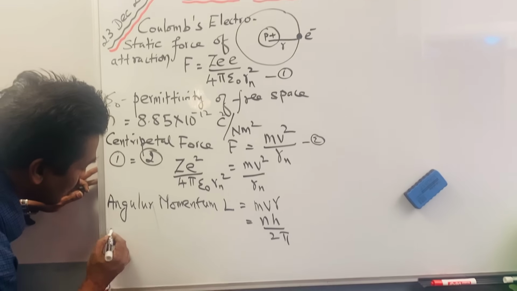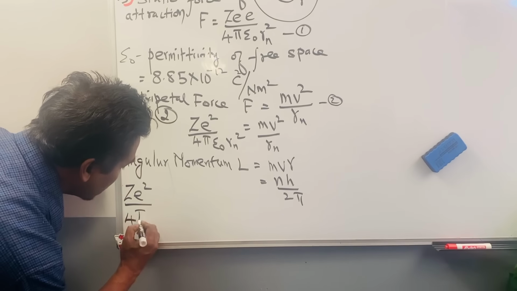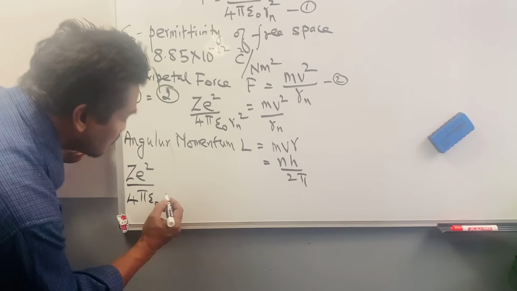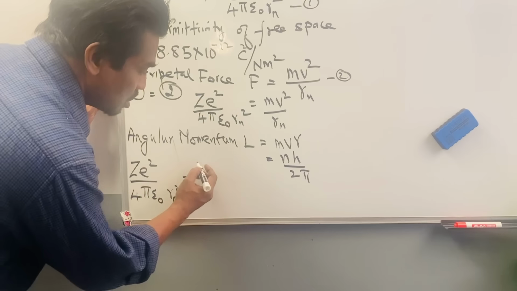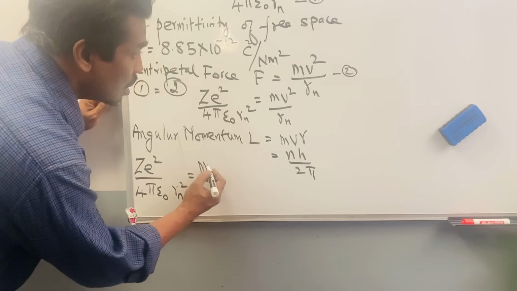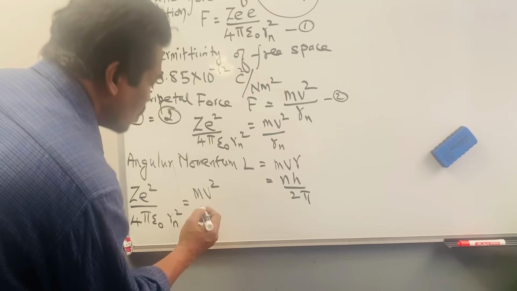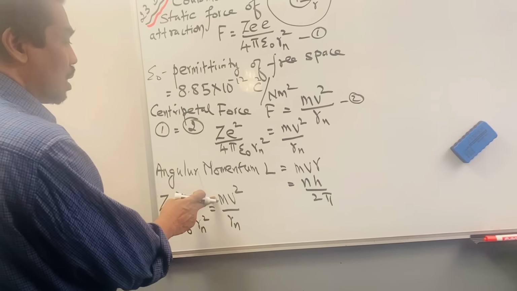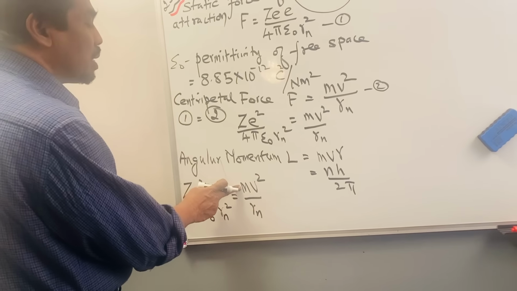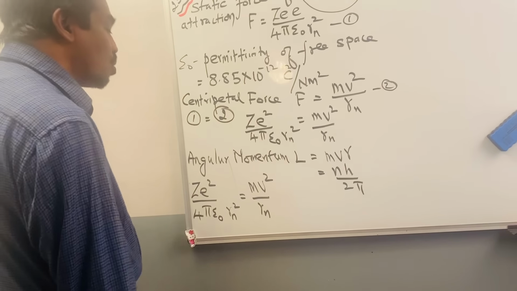So Z E square over 4 pi epsilon 0 r n square will be equal to m v square over r n. I need m square because I will substitute the value of m v r whole square.